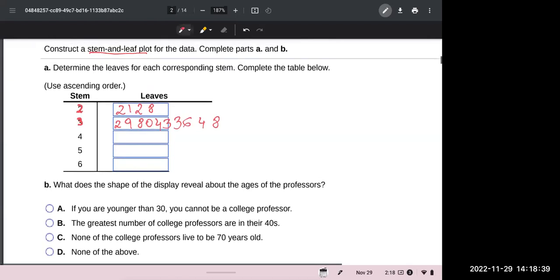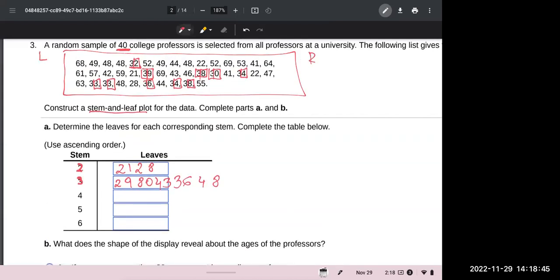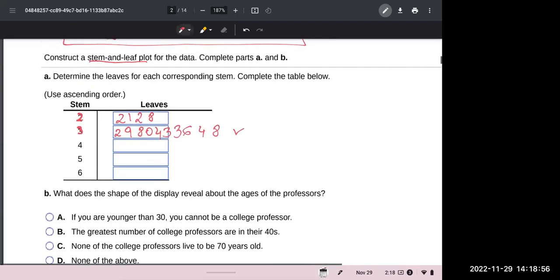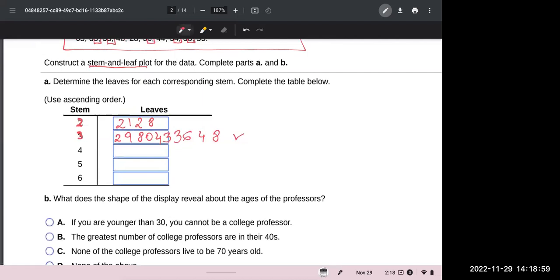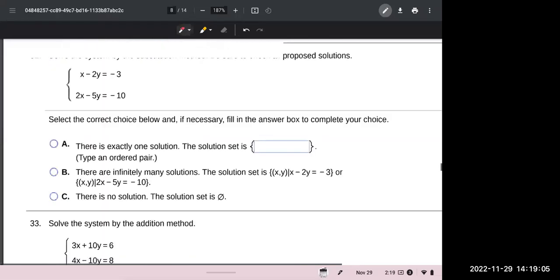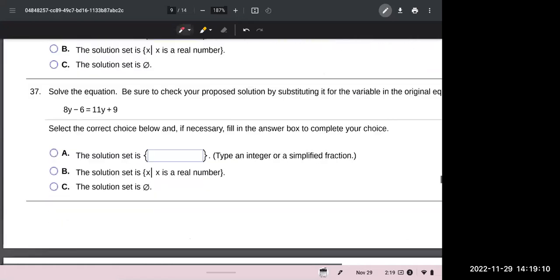When you complete the stem and leaf plot, at this moment it looks like a lot of the professors are in their 30s, but I have not completed that problem to the end, so I cannot say that that will be the correct answer. So let me just quickly check. This was question 3. I have the answer key with this one.